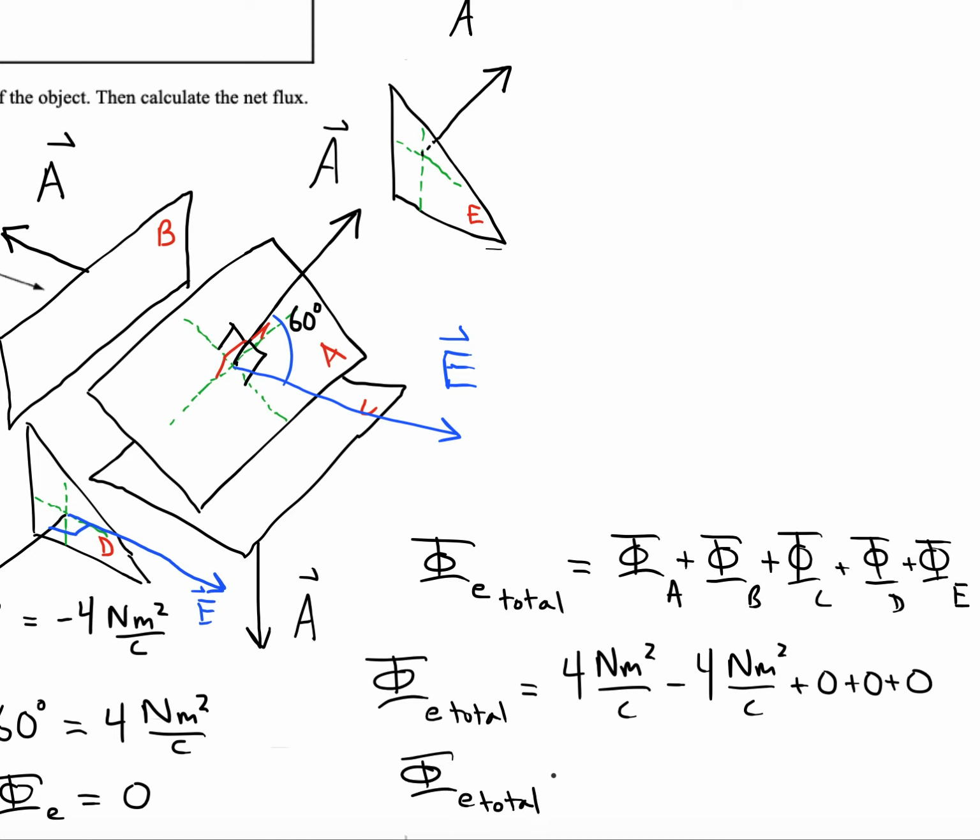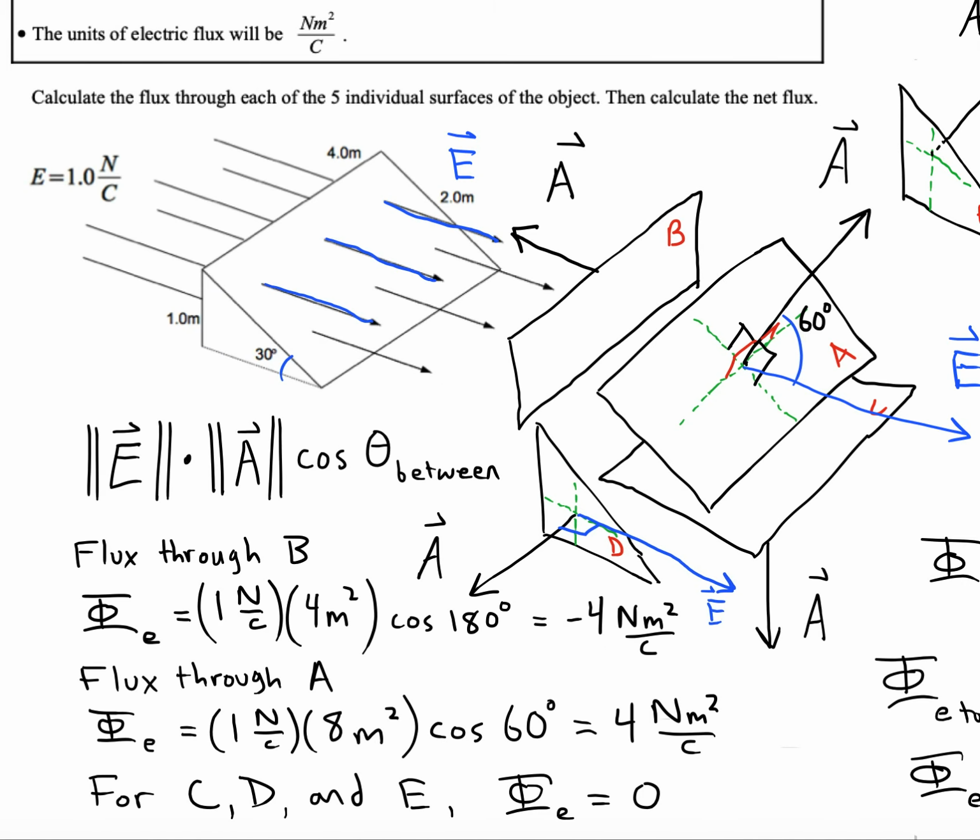We see that the net flux is actually 0. We'll see later that this has implications when it comes to what's inside of the shape.